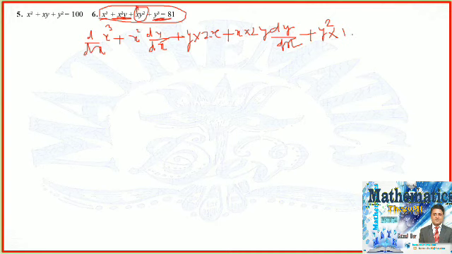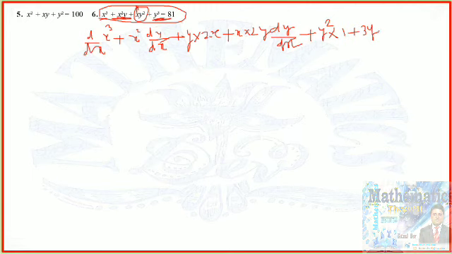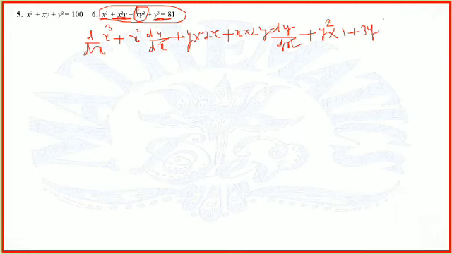Now plus y cube means differentiation of y cube, 3y square into dy upon dx, is equal to 81. Differentiation of 81 is 0.